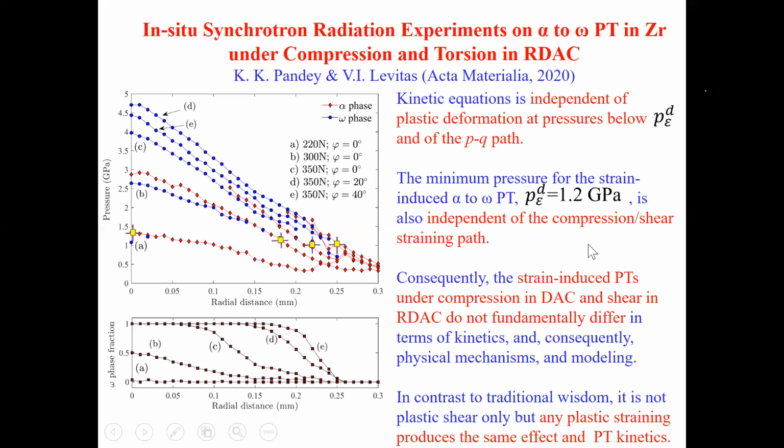And in contrast to traditional wisdom, it's not plastic shear, but any plastic straining that produces the same reduction in transition pressure in comparison with hydrostatic condition. And generally, it would be wrong to say that shear reduces phase transition pressure in comparison with compression. So this is, I believe, a quite important conclusion.